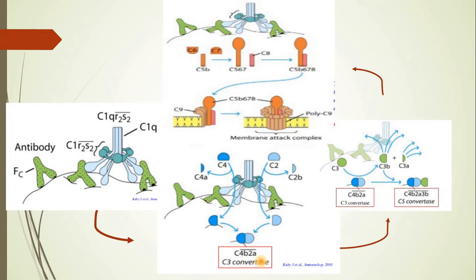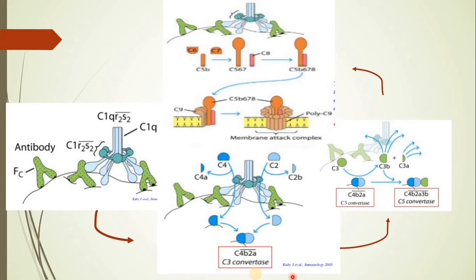Now this C3 convertase will bring about cleavage of the molecule C3, and this C3 will get converted into C3B as a larger fragment and C3A as a smaller fragment. The smaller fragment will be freely suspended, that means it goes into the solution, and C3B gets bound with the convertase enzyme.